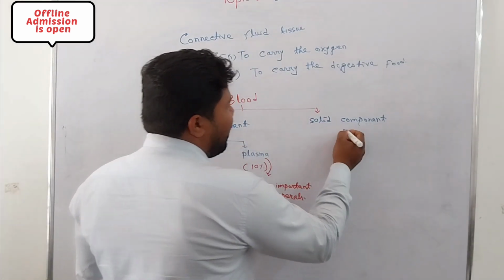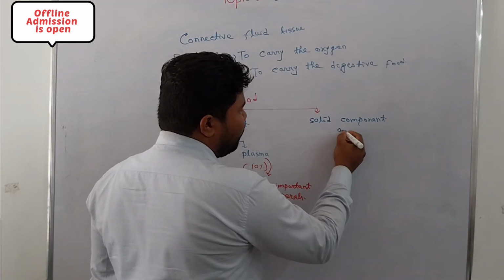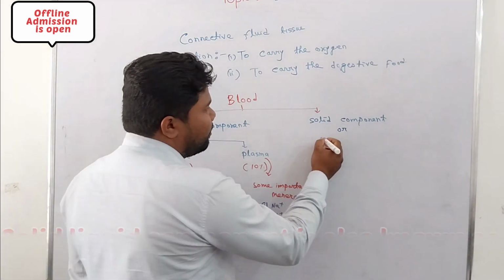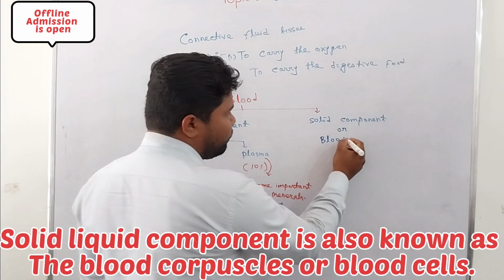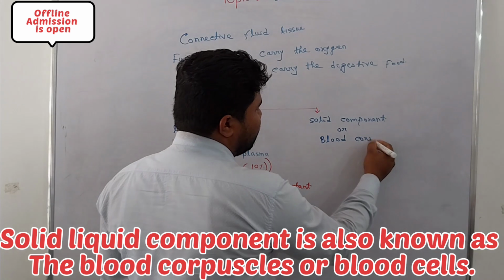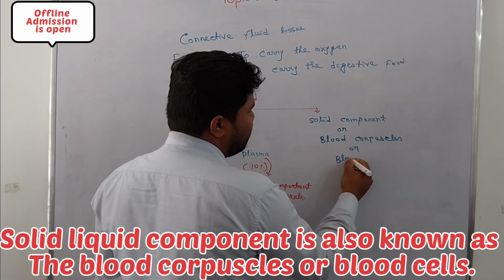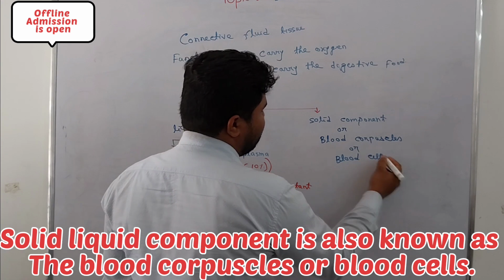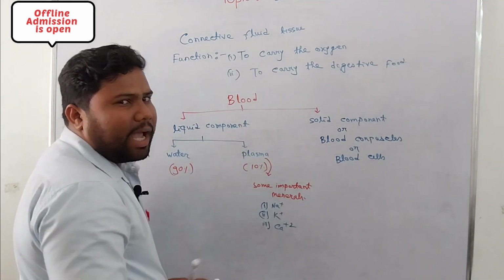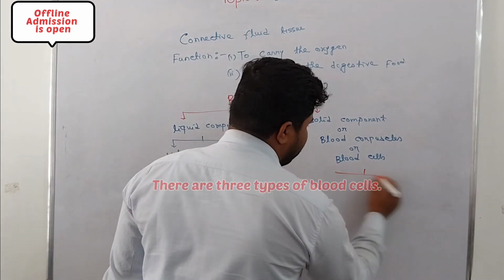One more thing: the solid component is also known as blood corpuscles or blood cells. There are three types of blood cells present.